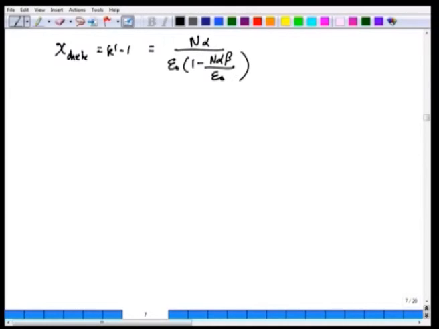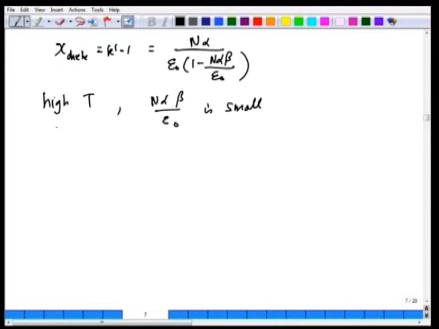At high temperature, n alpha beta epsilon naught is small, because at very high temperature alpha is small, since temperature is trying to randomize all the dipoles. You can neglect this quantity in comparison to 1 and you will get some small dielectric susceptibility value.